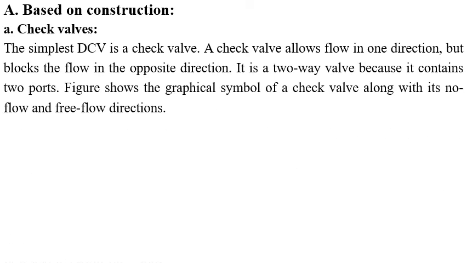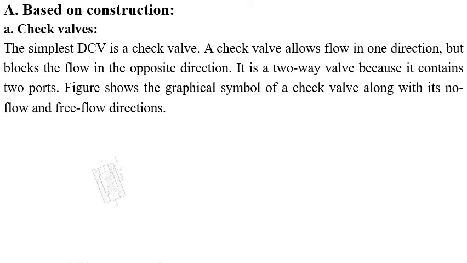Based on construction, the first type is check valves. It is the simplest direction control valve. A check valve allows flow in one direction but blocks flow in the opposite direction. It is a two-way valve because it contains two ports or two flow paths.